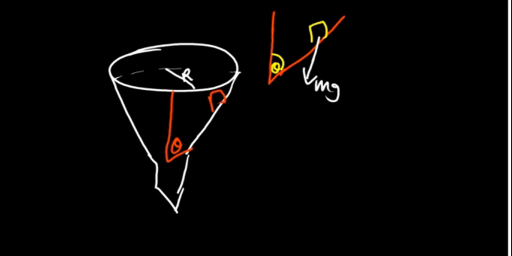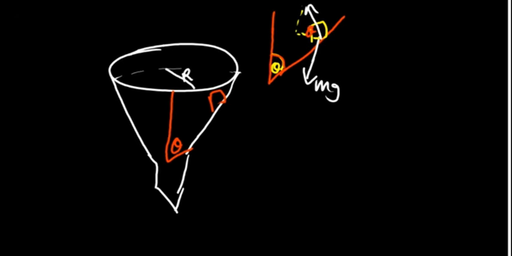At the same time, we are going to have the normal force which is going to be directed there. Now this normal force, since it's not in a straight line, we can say that it is going to have the x component as well as the y component. Then we can also say that this theta which is being formed there is the same as the theta which is going to be formed there.